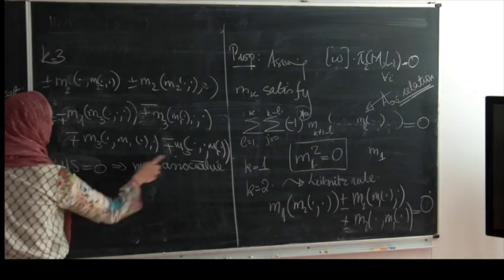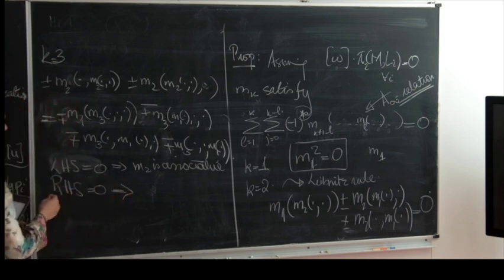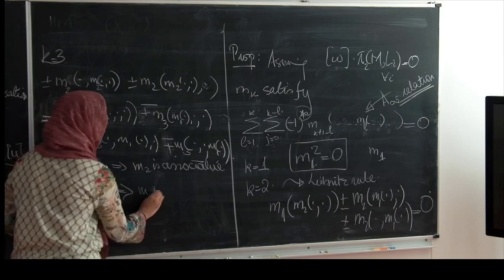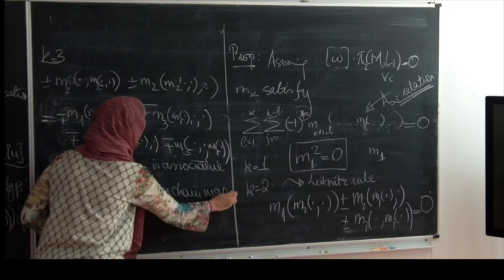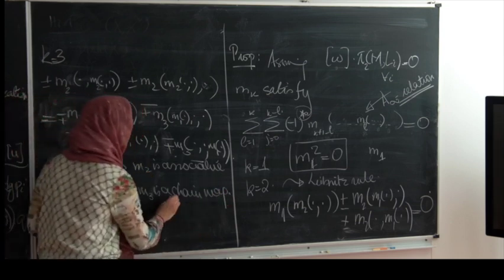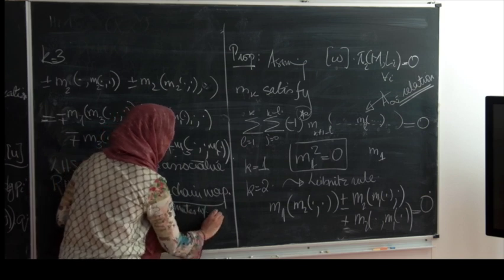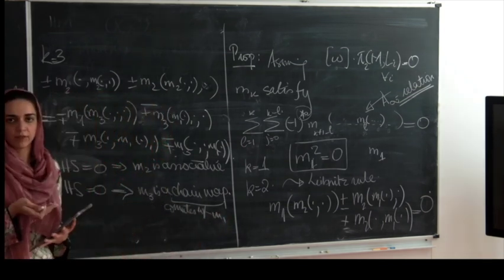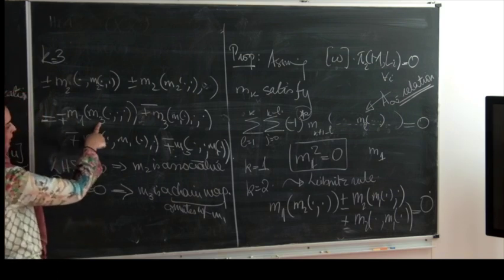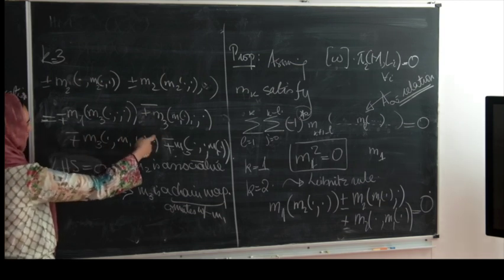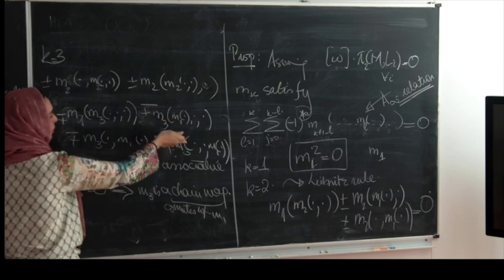And if I put this thing equal to 0, this means that M3 is a chain map, okay? That just always means it commutes with the differential of your complex. Okay, so you see when I take M1 of M3, it should equal, because M3 has 3 arguments, so there are going to be 3 possibilities of M3 composed with M1.